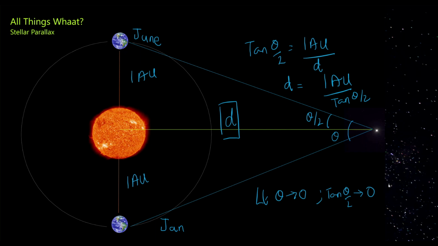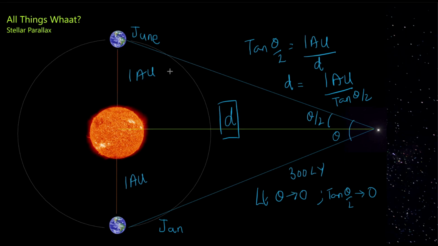Hence there is a limit of figuring out how far an object is from us, and with this method it's around 300 light years away. So if the object is within about 300 light years, we can with high confidence use the stellar parallax method to figure out the distance. For anything more than 300 light years, we will look into two other methods at a very high level, since these warrant a video by themselves to deep dive.